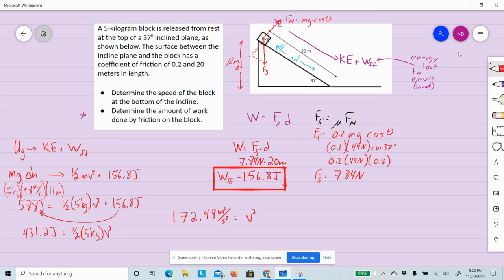And we get 13.1 meters per second equals v.